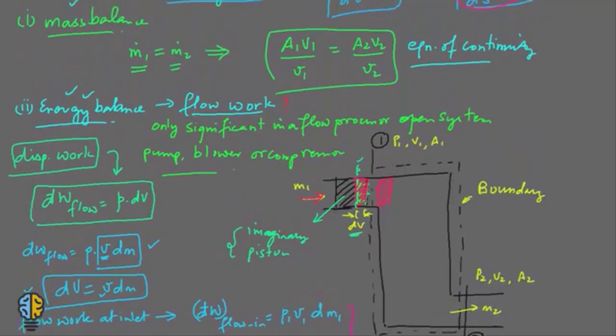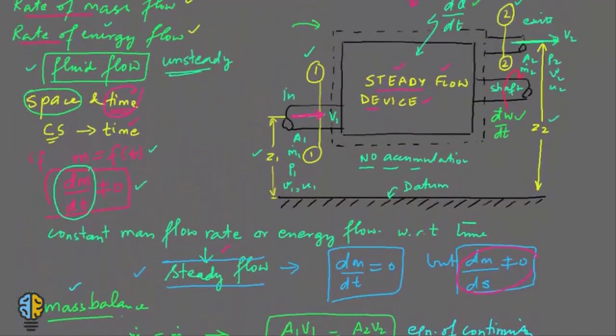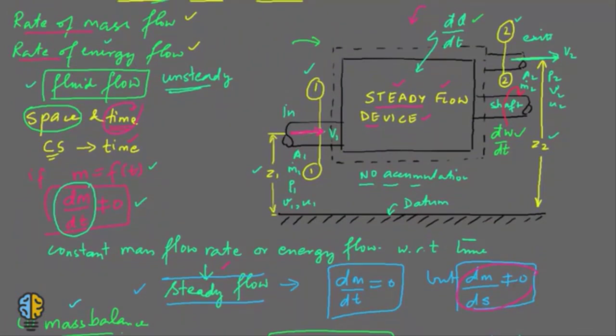Now if you go back to the steady flow device we were discussing earlier, you have this as the work output, that is the shaft work output, and you would have a certain component of flow work at section 1 and at section 2. Let us say this is the work which I denote as Wx, or because it's a shaft work I would give it a name Ws.